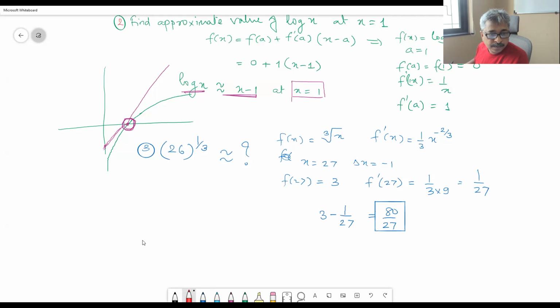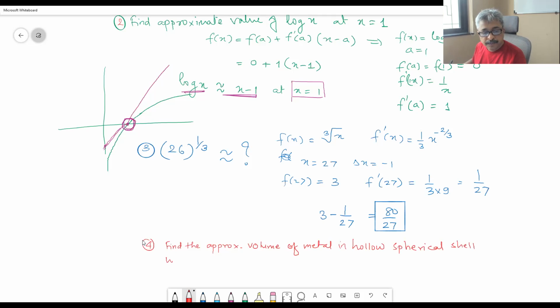First problem. Find the approximate volume of metal in a hollow spherical shell whose internal and external radii are 3 centimeter and 3.0005 centimeter.